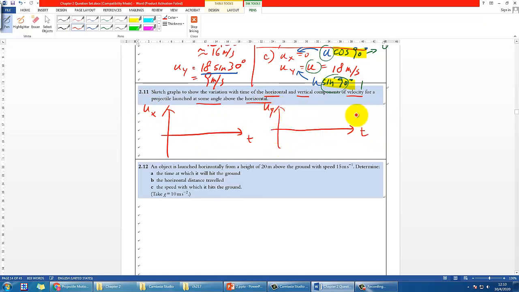So vy against t. Actually, I should do v, the more general velocity. You need to realize the slope in a velocity-time graph represents acceleration, so in terms of acceleration, you need to think about the net force acting on the object separately, horizontally and vertically.